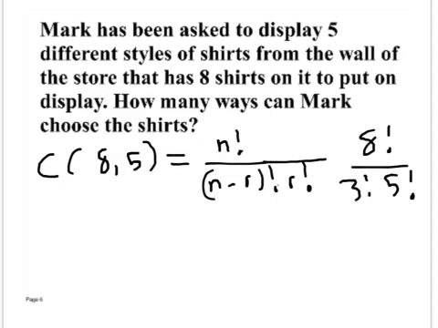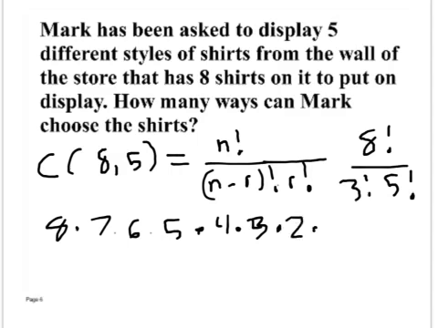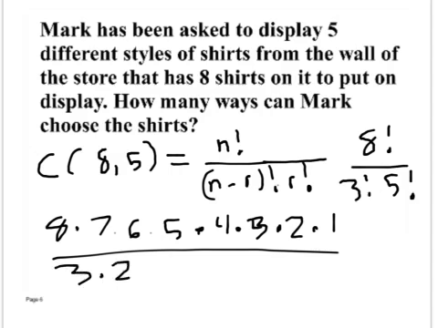So, 8 factorial is 8 times 7 times 6 times 5 times 4 times 3 times 2 times 1. 3 factorial is 3 times 2 times 1. 5 factorial is 5 times 4 times 3 times 2 times 1.